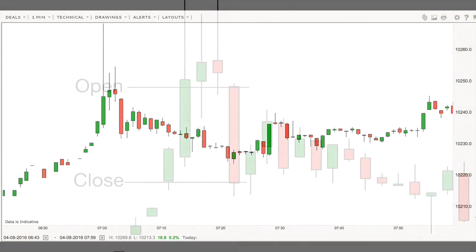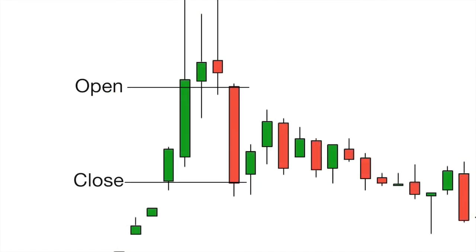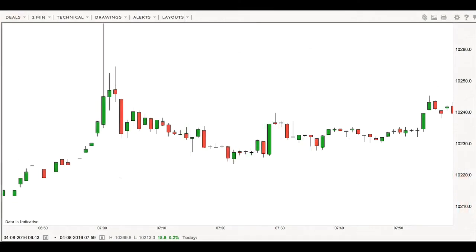So a bar like this, where it opened on its high and closed on its low, is a bearish trend candlestick. If it was the other way round and it opened on its low and closed on its high, then it would be a very bullish candlestick.